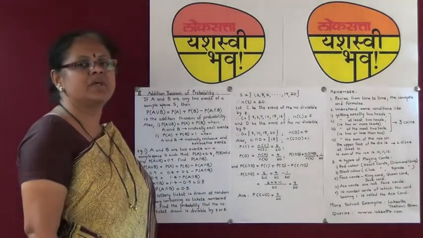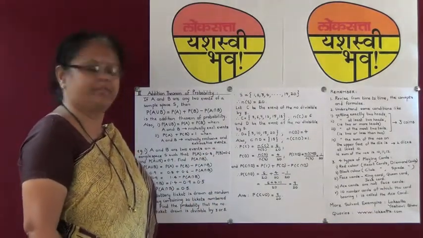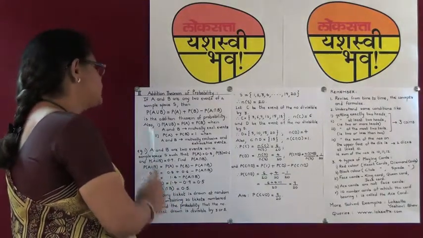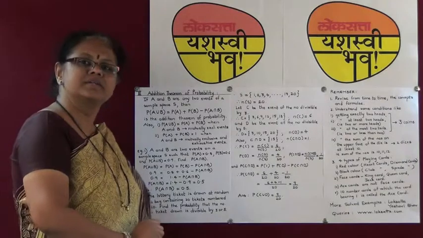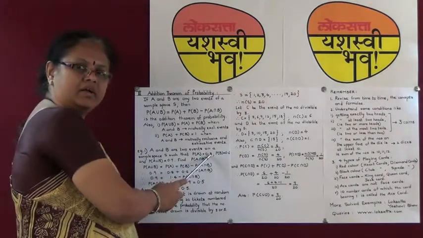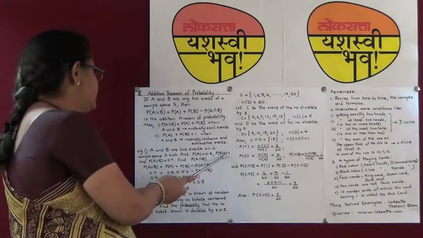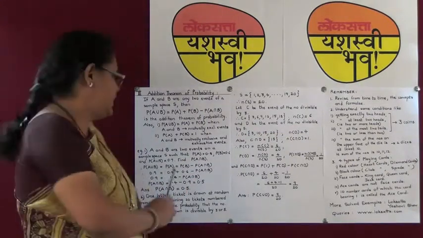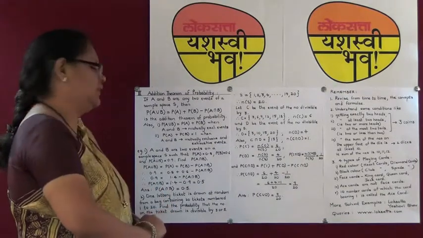The first example is merely a substitution sum. It says A and B are two events on a sample space S such that the probability of event A is 0.8, the probability of event B is 0.6 and the probability of the union of A and B is 0.9.